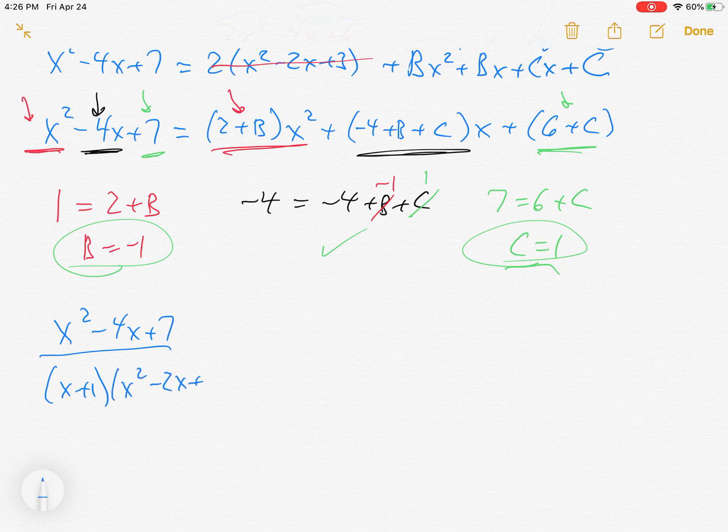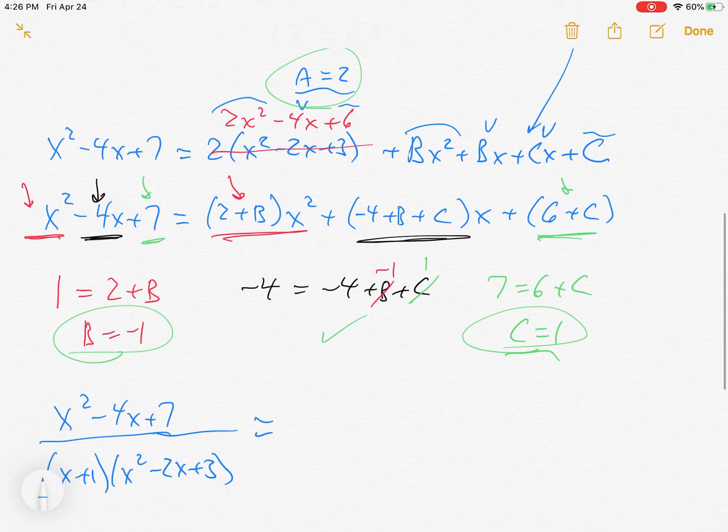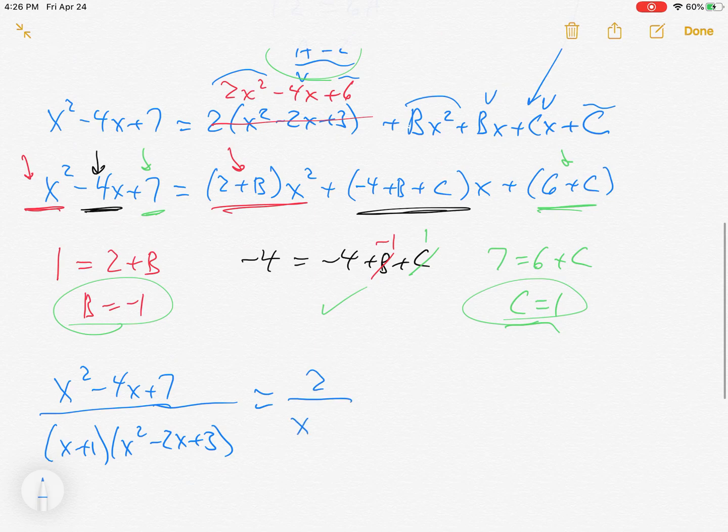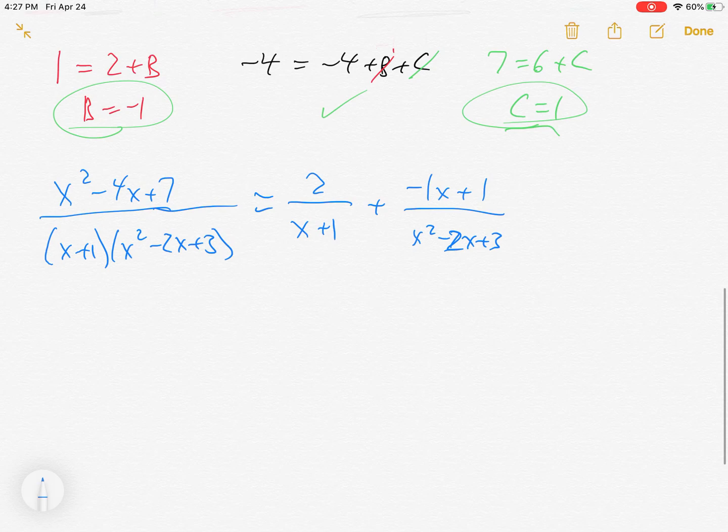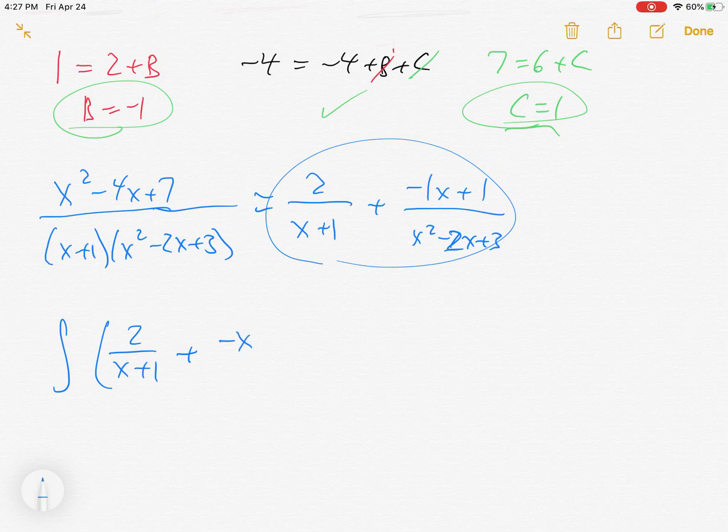We learned that x squared minus 4x plus 7 over x plus 1 times x squared minus 2x plus 3, we learned that that can be written as 2 over x plus 1 plus negative 1x plus 1 over x squared minus 2x plus 3. It's kind of awkward, negative 1x.